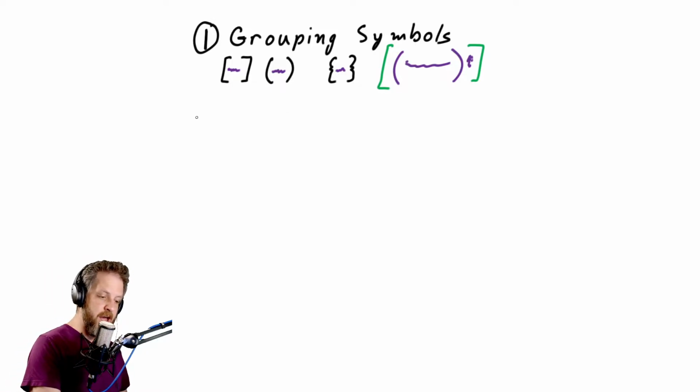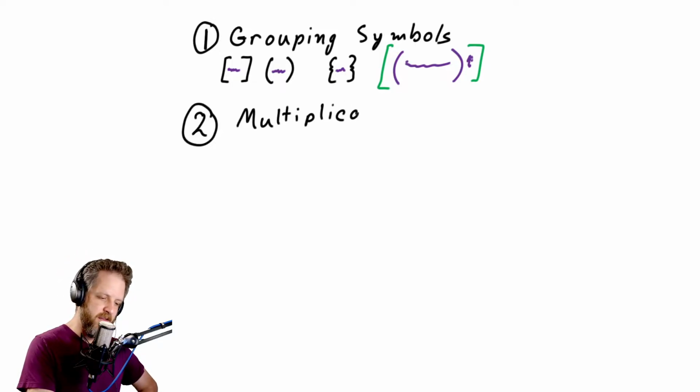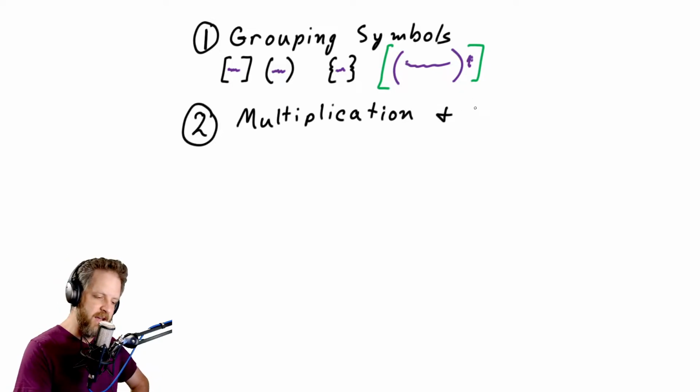Then the next step in order of operations is we do multiplication and division. It's really important to understand multiplication and division. The important thing to understand here is that these are on the same step, and that's really important.